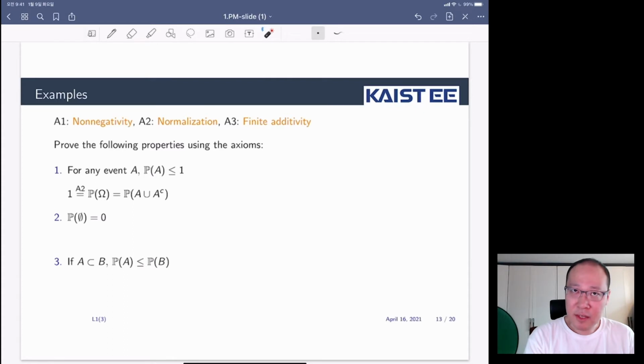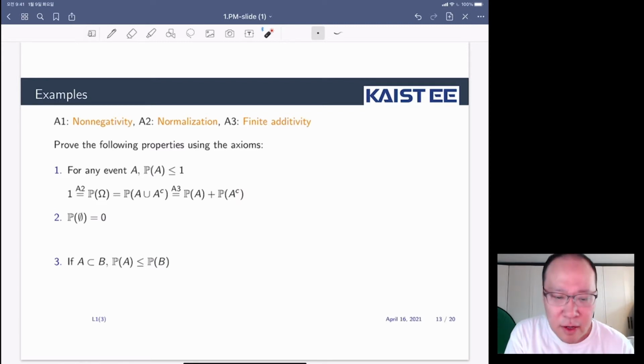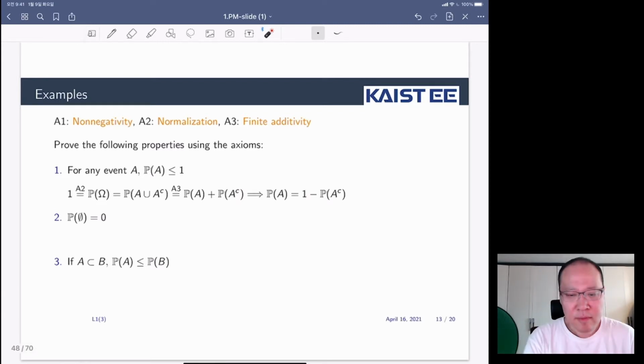This comes from set theory. Now from the third axiom, which is finite additivity, the probability of A union A complement is equal to the probability of A plus the probability of A complement. And that means the probability of A is equal to 1 minus the probability of A complement, because this is 1 and this part.